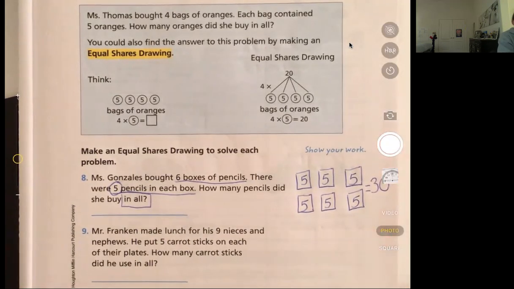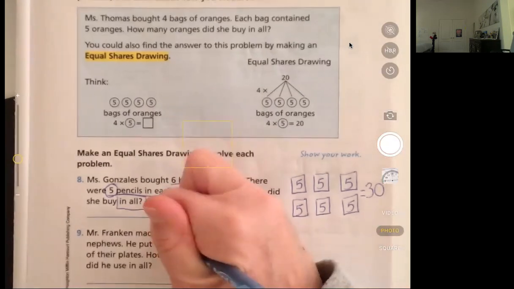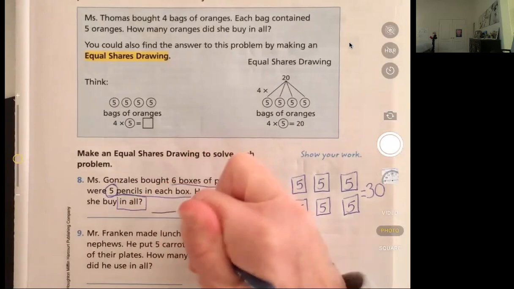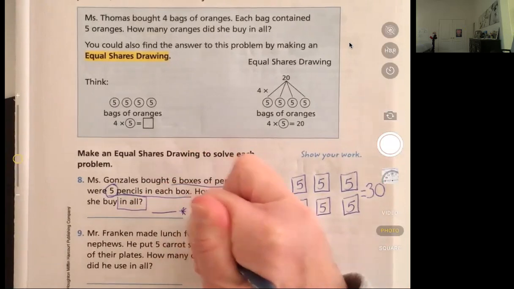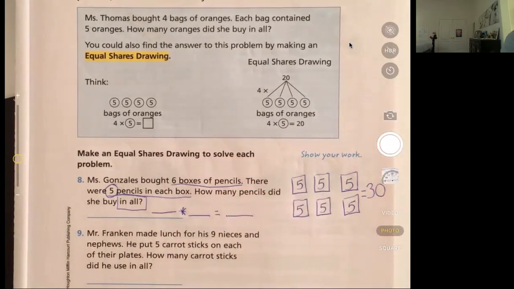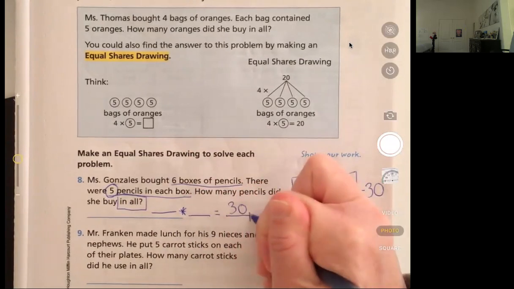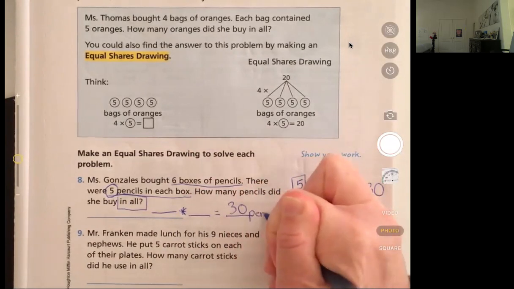Now, if I want to make a multiplication equation to go with this, I'll do that. Remember yesterday, we have a factor times a factor equals our product. I can start filling this in. I know my answer. That product is 30. Pencils is my units.